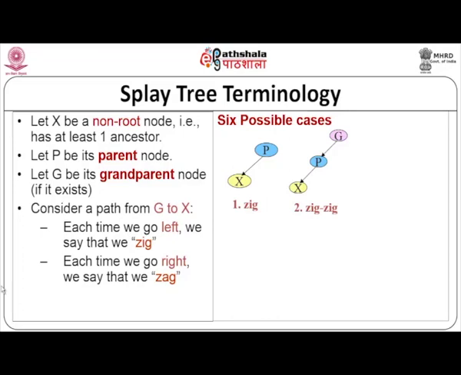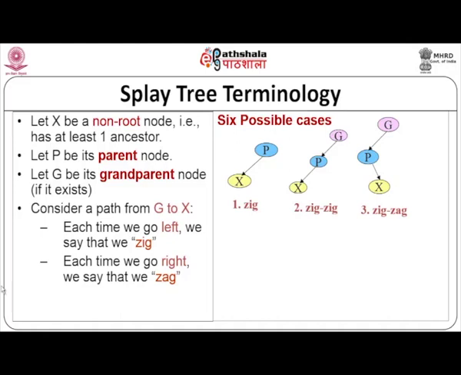Here we see the first example as a zig operation, going about its parent. The next is a zig zig operation, a zig followed by another zig. Then we have a zigzag. Here x moves right, and then through a left rotation, you do a zig, go right then left.